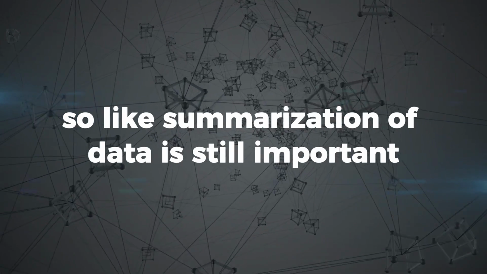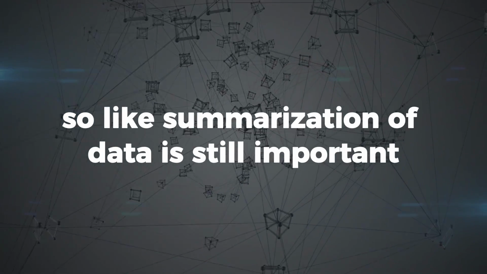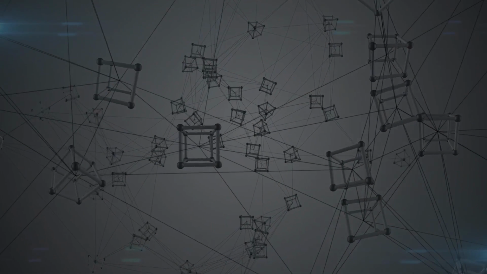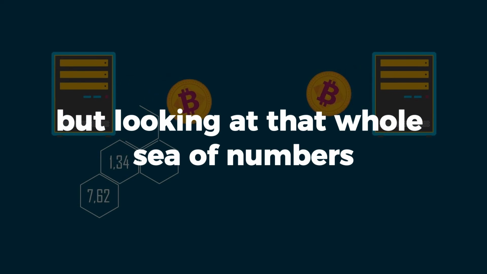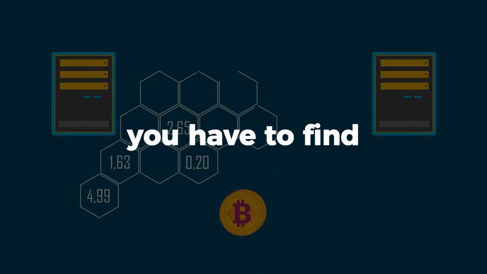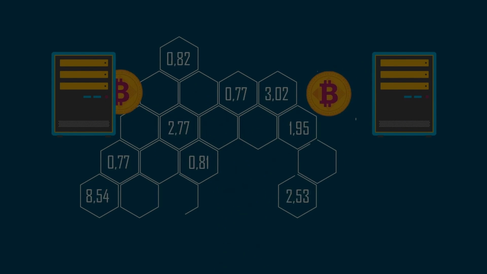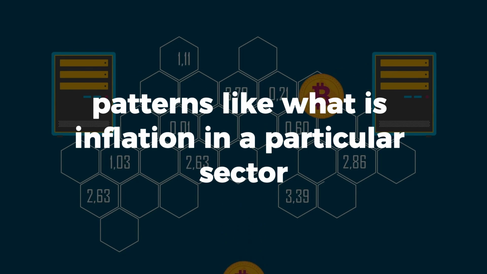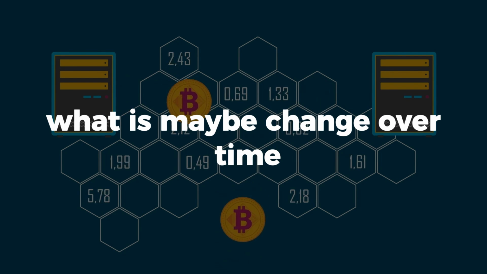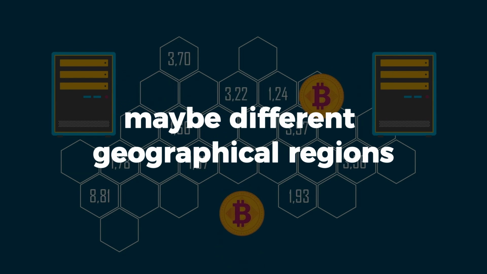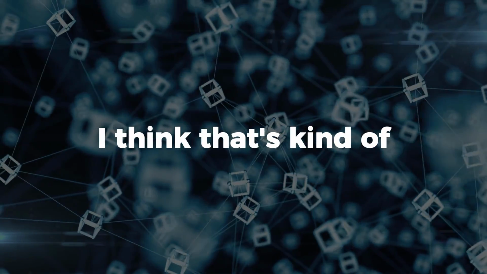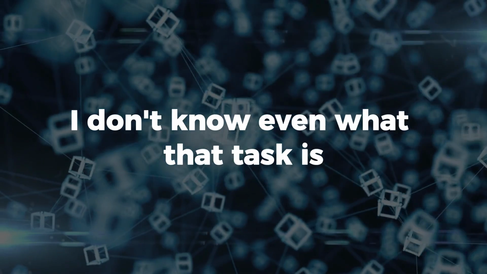So summarization of data is still important. Perhaps summarization not down to a single scalar value, but looking at that whole sea of numbers, you have to find patterns. Like what is inflation in a particular sector? What is maybe change over time? Maybe different geographical regions, things of that nature. I don't know even what that task is.